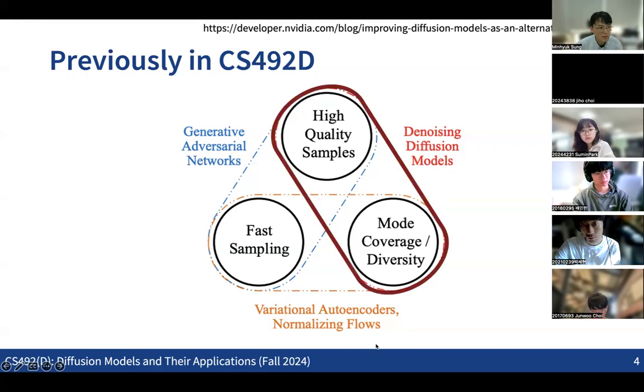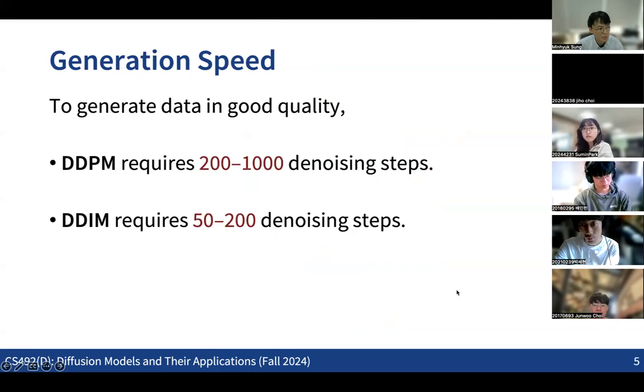But the downside of diffusion models is that they involve multiple denoising steps, as we have seen in the previous assignments and lectures. To get high quality outputs, we need more denoising steps. So as we have more denoising steps, we can get very good quality outputs. I guess you already played with those things.